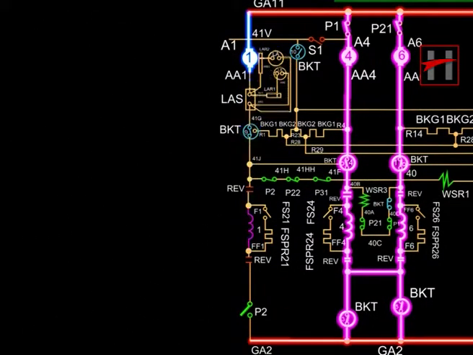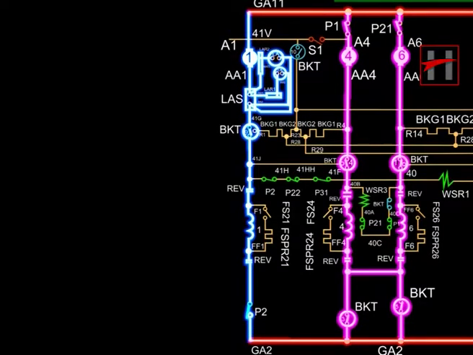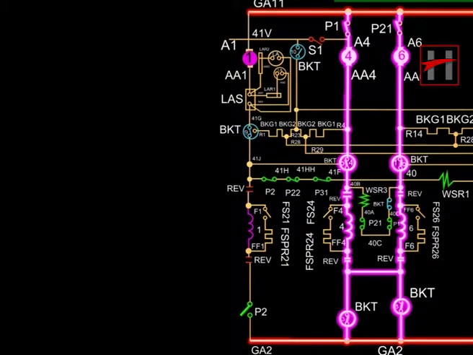The field of traction motor 1 is energized via the load ammeter shunt, BKT contact 9 in motoring mode, cable number 41J and the reverser contact. The current flows through power contactor P2 via reverser contact and completes its path via cable GA2.